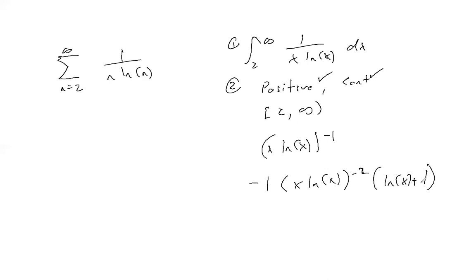Well, on the interval 2 to infinity, when I plug in any number in this piece, it's going to be positive, because as we said earlier, ln of 2 is positive, and it's only going to get bigger as we increase x. Same thing goes for this. And x is positive as well on that interval, so this term's going to be positive, even though it's a fraction.